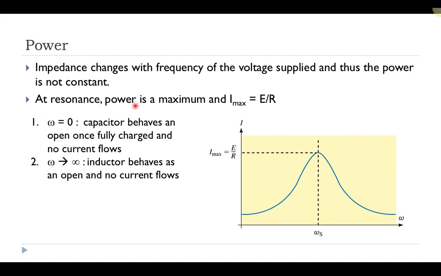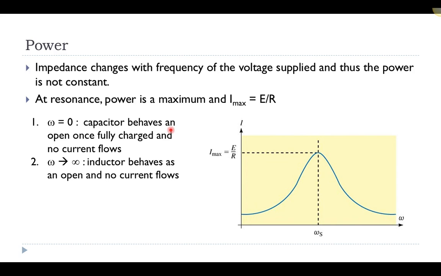So at resonance, the power is going to be a maximum. As the angular frequency approaches 0, so as I go to the left over here, you're not getting a fluctuation any longer.